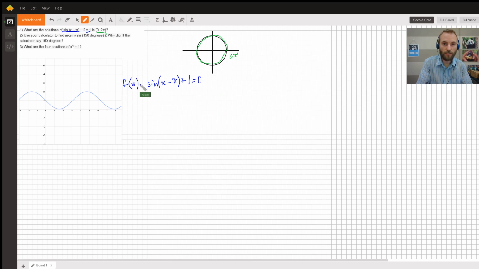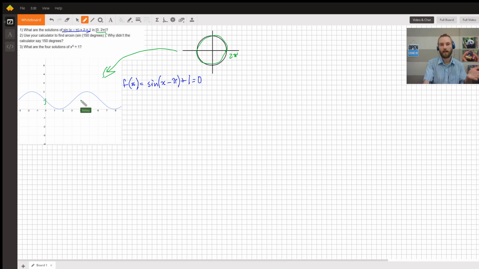If I graph this as the function, forgetting about the 0 part for a moment, I get this graph over here. So let's think about how that corresponds with our unit circle. If we have to stay within 0 to 2 pi, then we only want to consider those values of x.